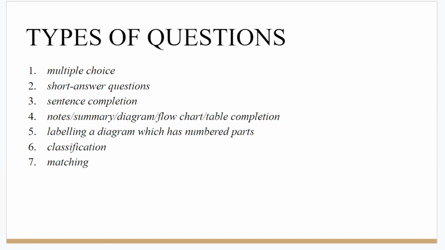Short answer questions in the sense they may instruct you in the beginning of the question itself that you have to answer in one word, one word and or a number, two words and or a number, three words and or a number, or three words simply.